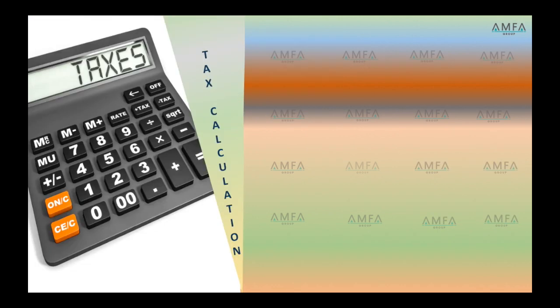Now let's look at the tax calculation. It is calculated based on the vehicle invoice price, the ex-showroom price without calculating the GST. It is very important. It is the vehicle price without the GST and other amenities.